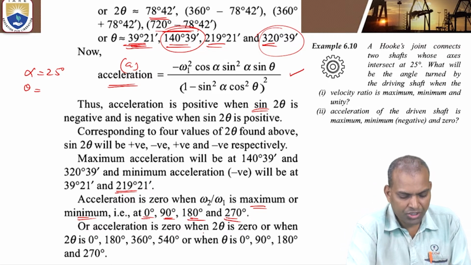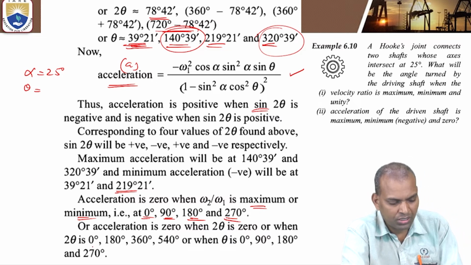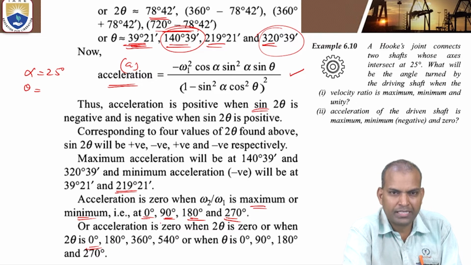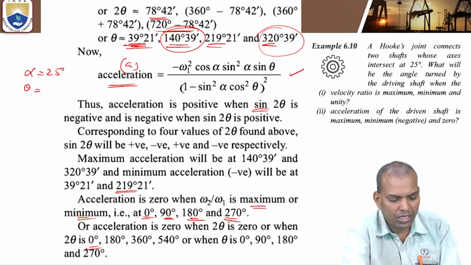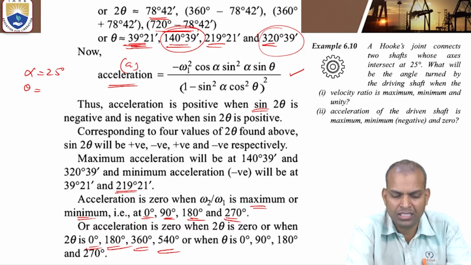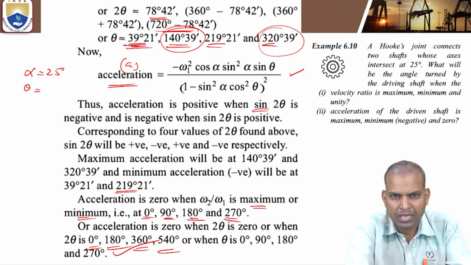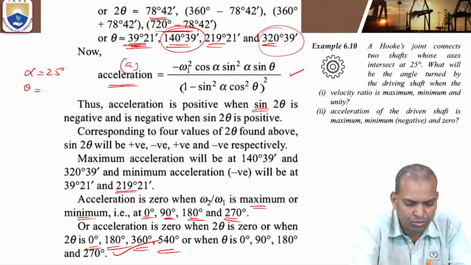So our acceleration is 0 when 2 theta is 0, 2 times 90 is 180, 2 times 180 is 360, and 2 times 270 is 540 degrees, or when theta is 0 degrees, 90 degrees, 180 degrees, and 270 degrees. These are the things one has to go through.